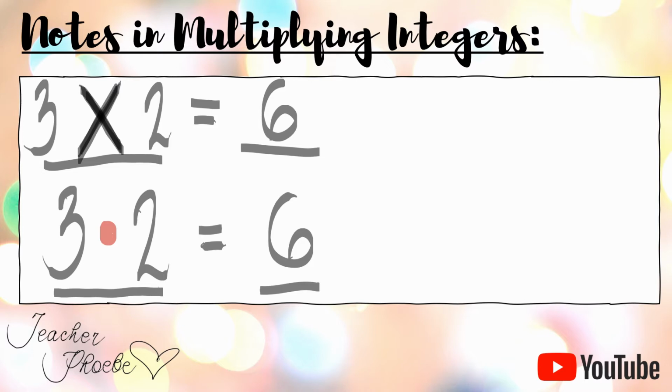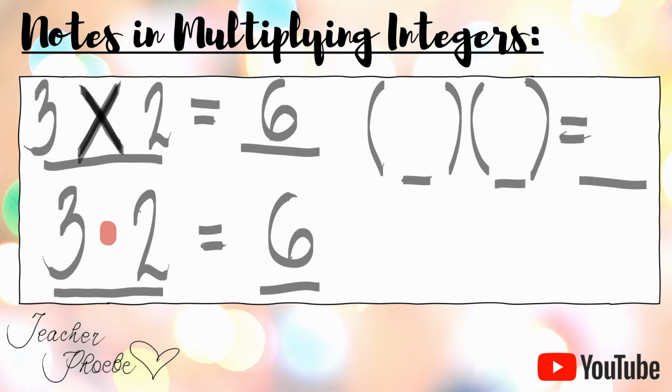Okay? Also, aside from solid dot, may makikita rin kayong symbol na ganito. Like this one. Alright? So, kapag may nakita kayong dalawang parenthesis na magkatabi, pinapahiwatig niya sa inyo na meron din kayong multiplication. You are asked to find the product.